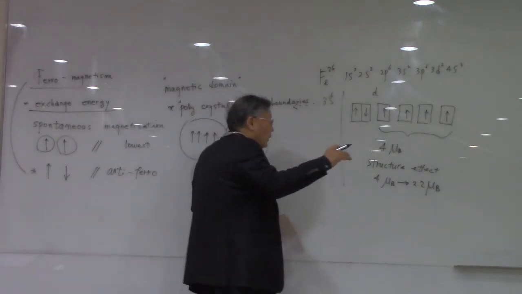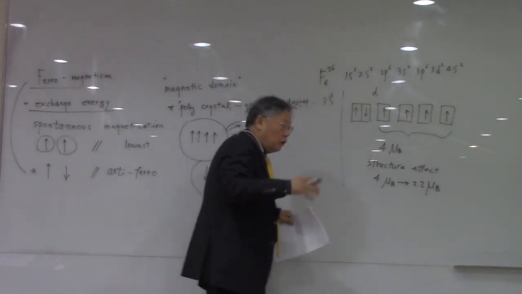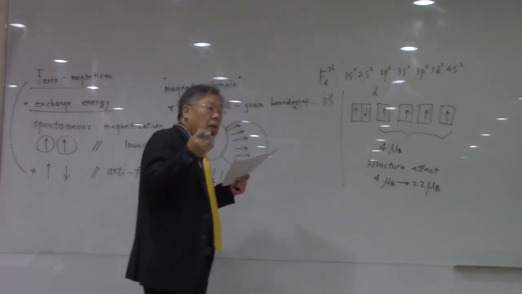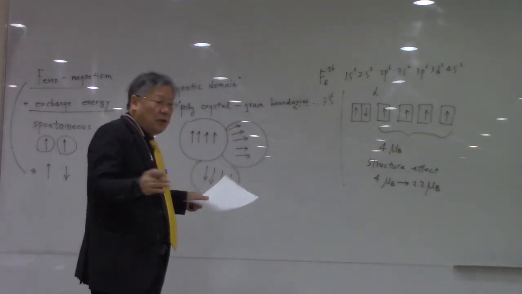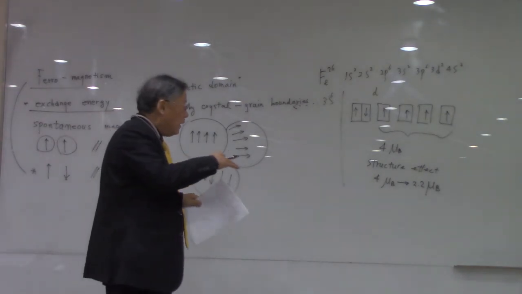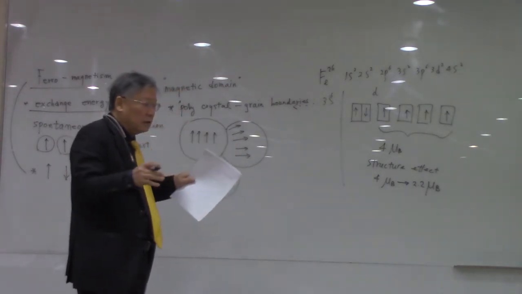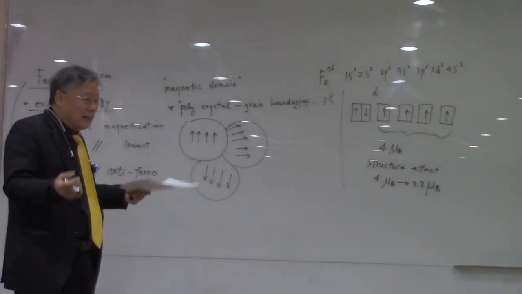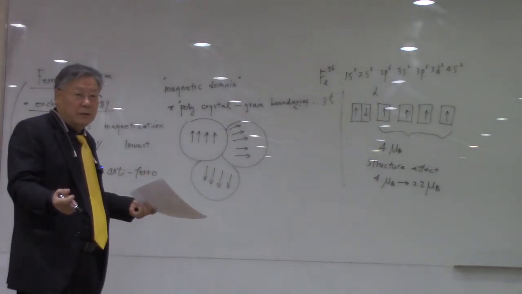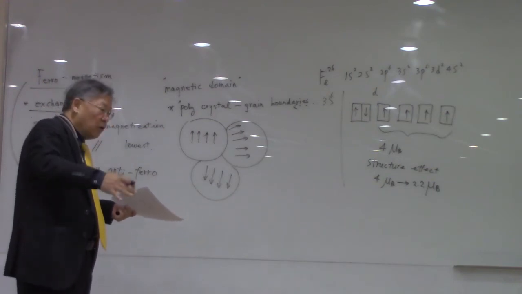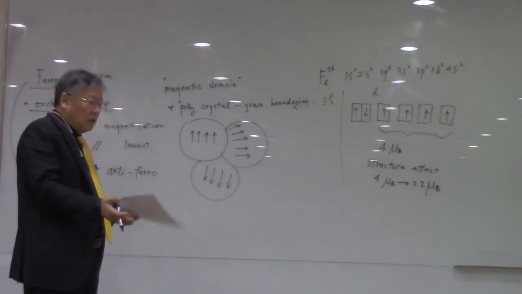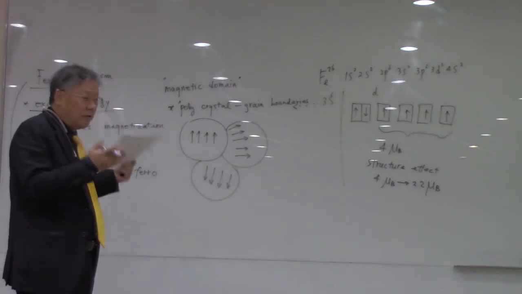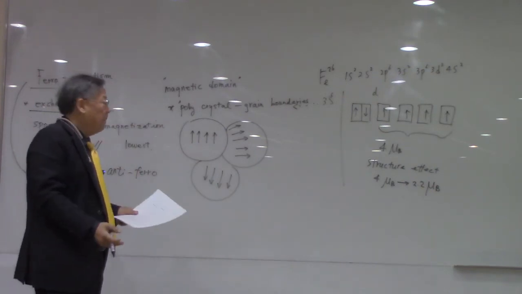The Curie temperature is the temperature at which the spontaneous magnetism disappears. So above the Curie temperature, the material is going to work like a paramagnetic material. Below the Curie temperature, if the material is a ferromagnetic material, then it shows the ferromagnetic properties.